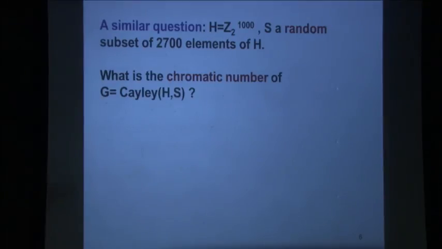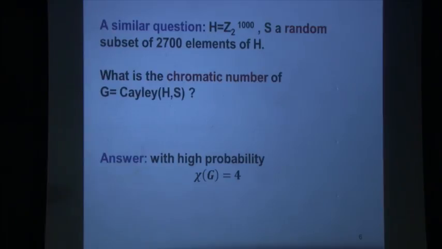And in the example here, I choose a random subset of 2700 elements. So this is just a case for which I know the answer. What is the typical chromatic number of these? And again, I think it's not easy to guess. The answer is that with high probability, the chromatic number will be exactly 4.